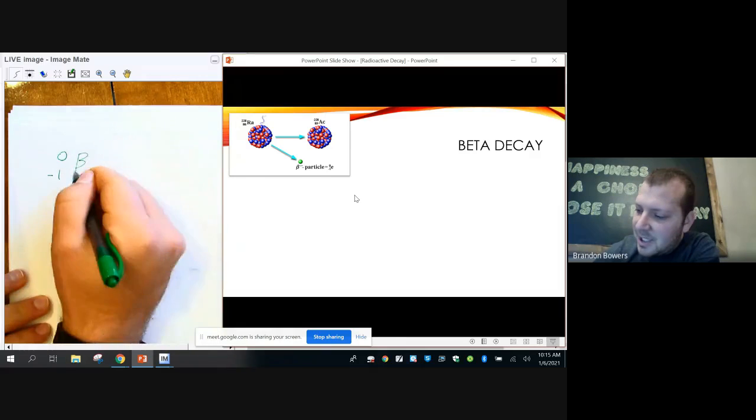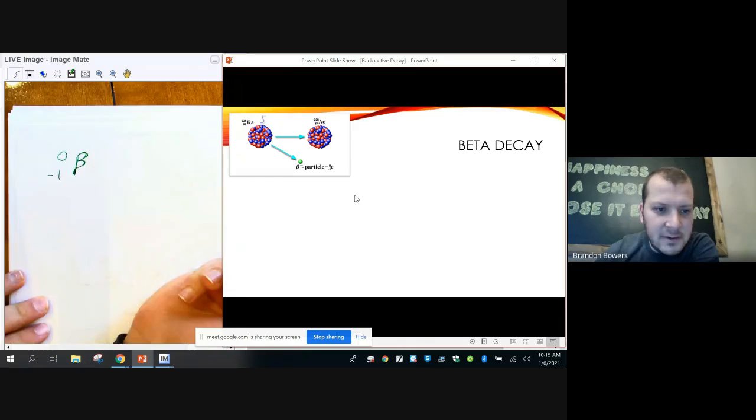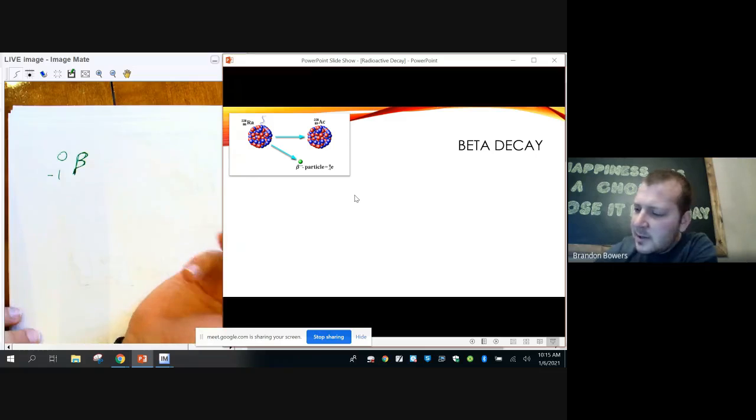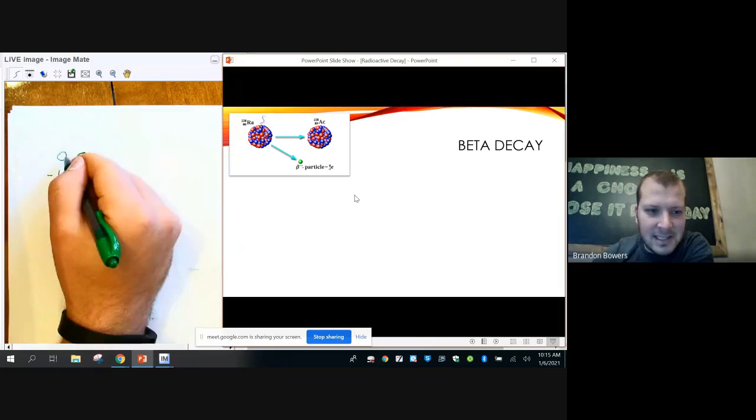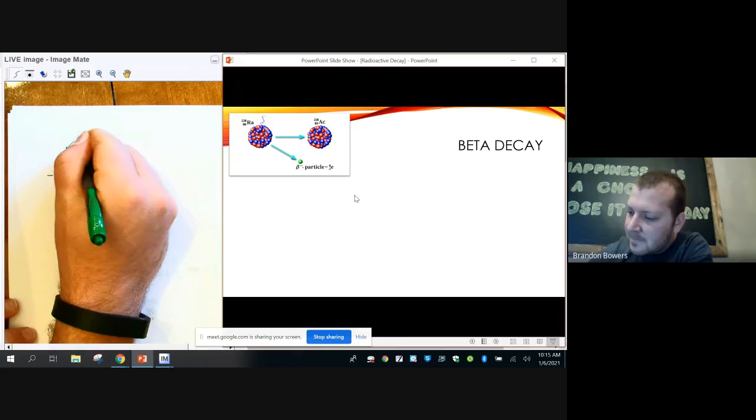It's kind of like a B on a stick, and that's the beta. Okay, 0, -1. So remember, the top is the mass number. So that's the number of protons plus neutrons.